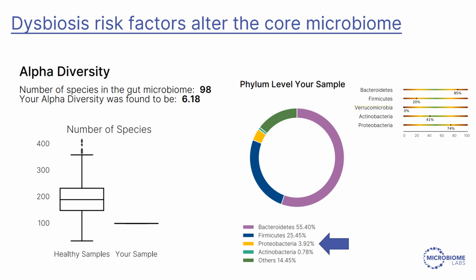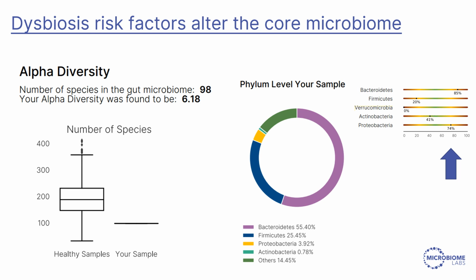We also want to take a look at the core microbiome. So the 4 major groups of bacteria present in the microbiome are Bacteroidetes, Firmicutes, Proteobacteria, and Actinobacteria. When we begin to see an imbalance between these 4 groups, that is also a sign of gut dysbiosis.